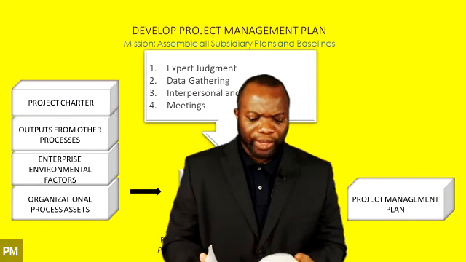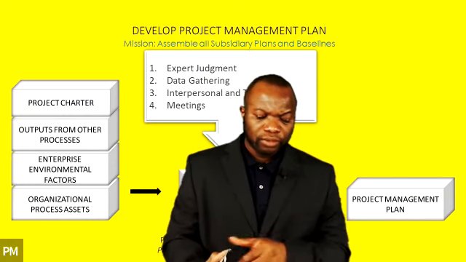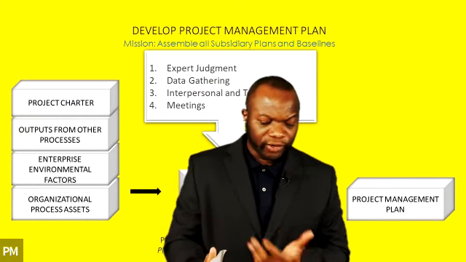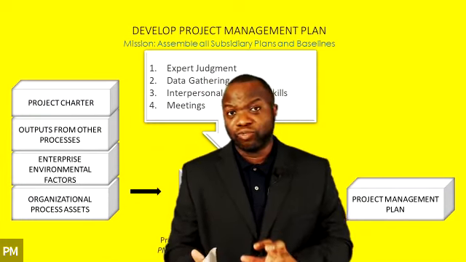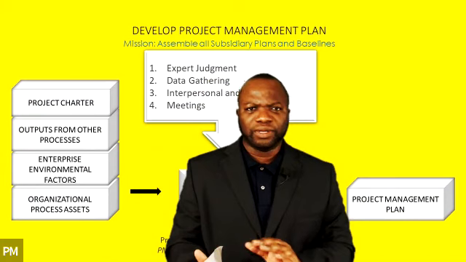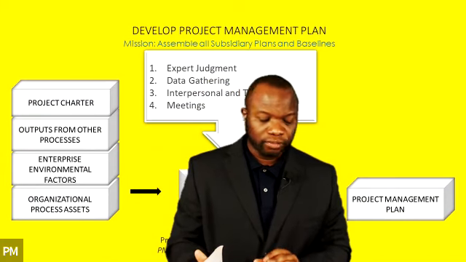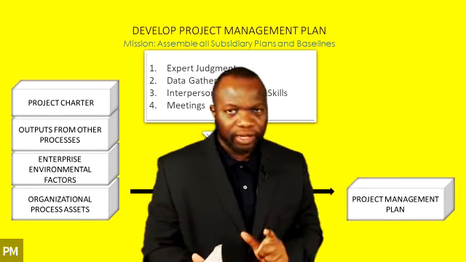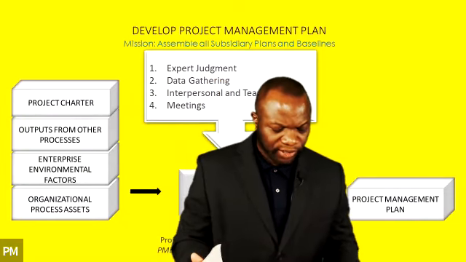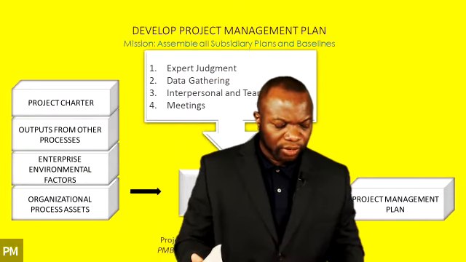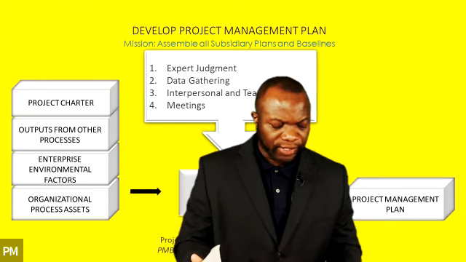Now, if you were not paying close attention to my mnemonic for EEFs and OPAs, let me take you to a page where we can address it once and for all, and we will never have to do this ever again. I'm joking, you might. All right, so page 38, only great individuals inspire resources every day.